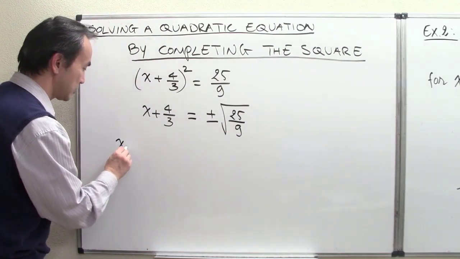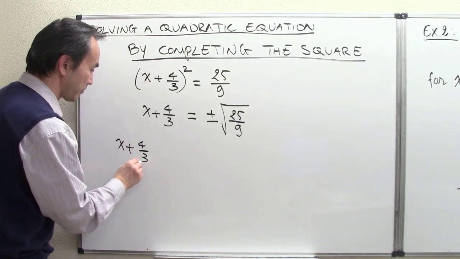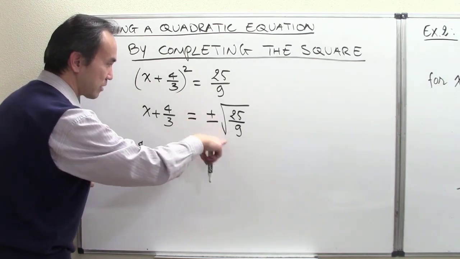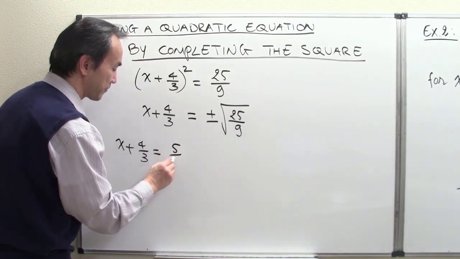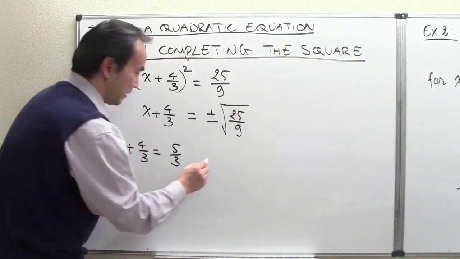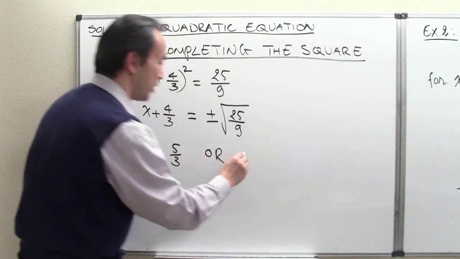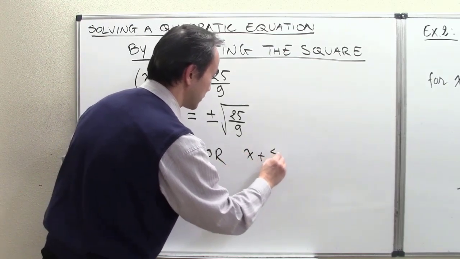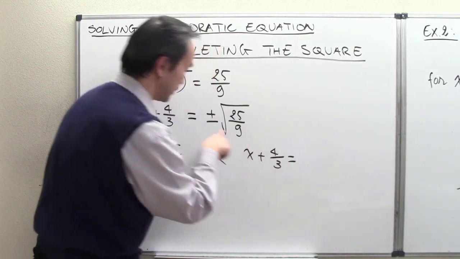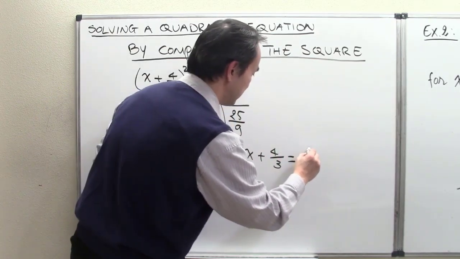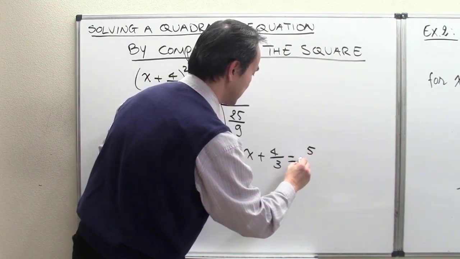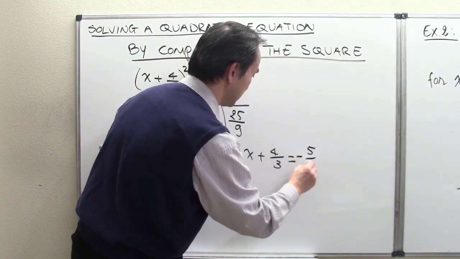One of them is x + 4/3 equals the positive square root of 25 over 9, which is positive 5 over 3. Or we have another equation, x + 4/3 equals the negative square root of 25 over 9, which is negative 5 over 3.